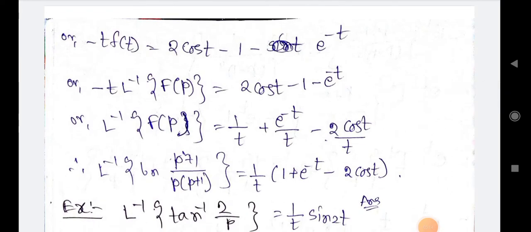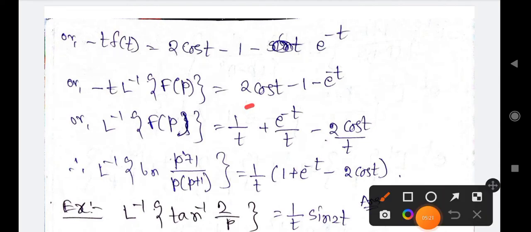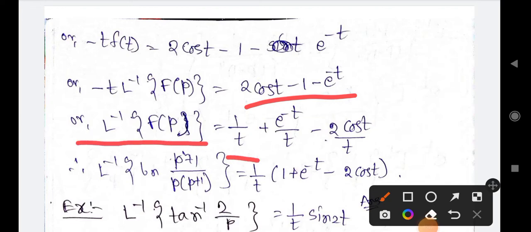So Laplace inverse of capital F(p) equals 1 by t [e to the power minus t by t] and minus twice cos t by t.